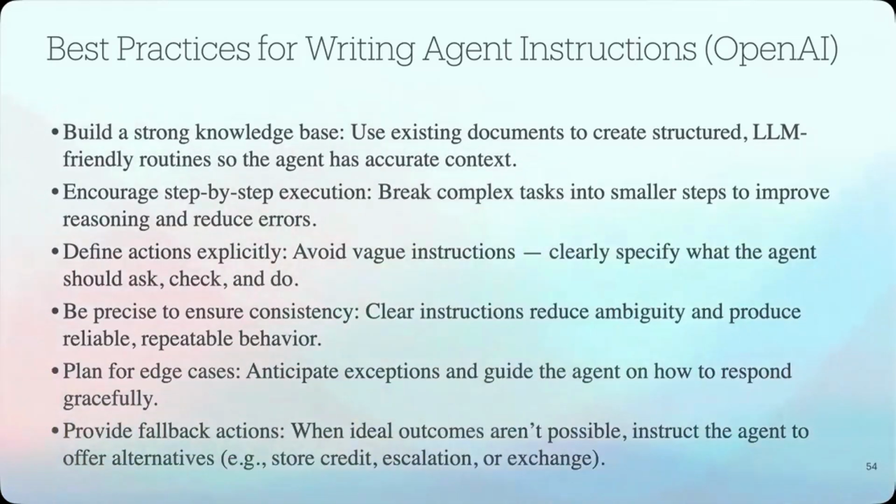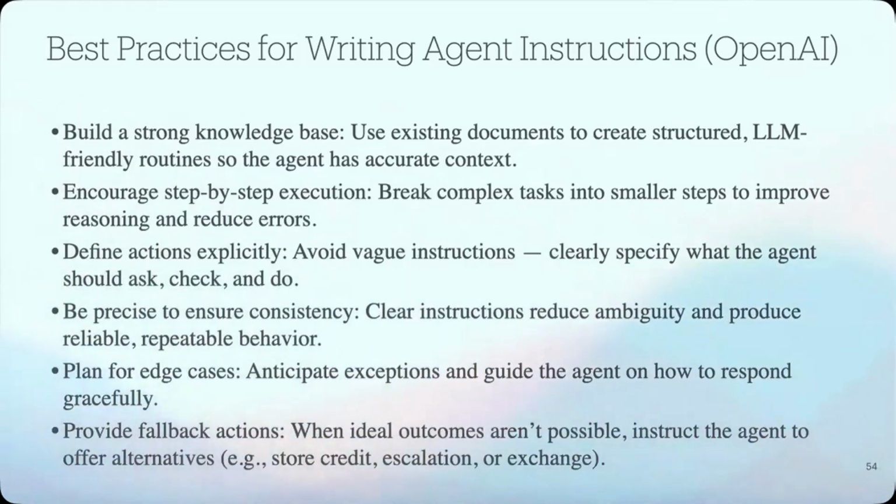For example, instead of saying something general like "help the customer with their order issue," you should specify exactly what you want it to do, like asking for the order ID, checking delivery status, and offering a resend or refund if needed. Clear instructions lead to consistent behavior. Another thing that you should always think about is edge cases. Of course, you won't be able to predict everything before deployment, but the more scenarios you anticipate upfront, the better the user experience will be.